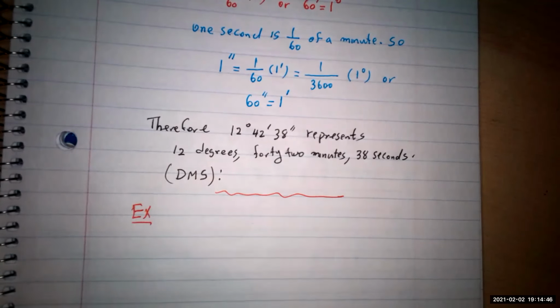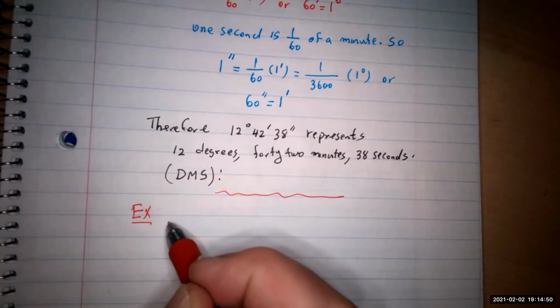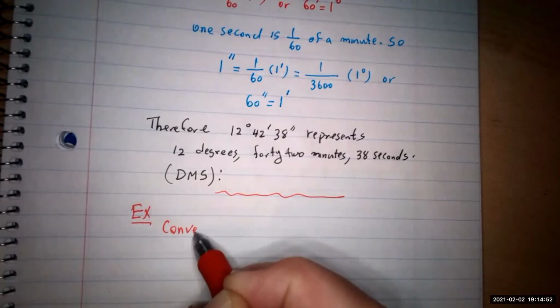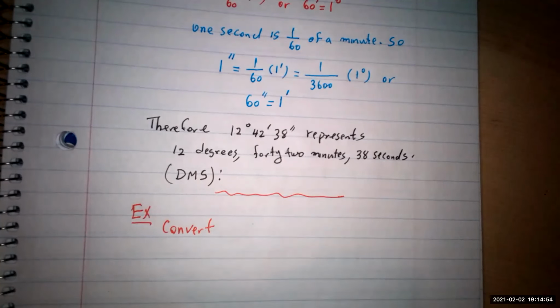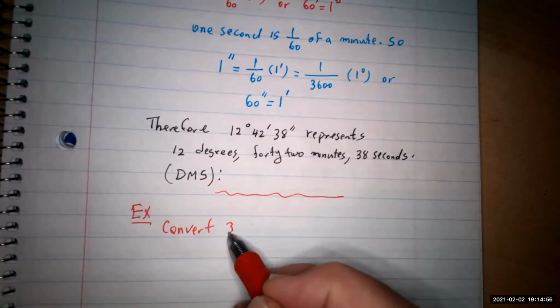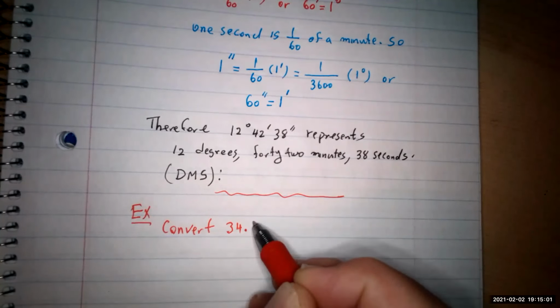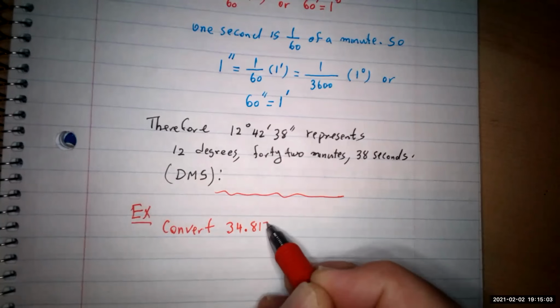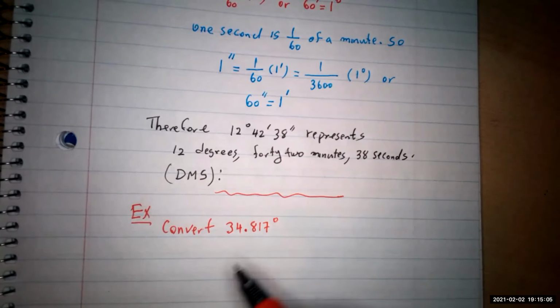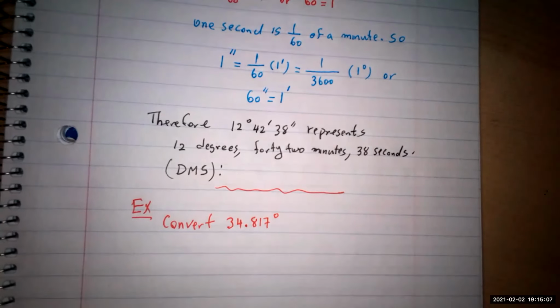One of your assignments is this. They give you one and ask you to convert it. We want to convert this number, a measurement in decimal format, 34.817 degrees. So the measure of the angle is 34 and 817 thousandths of degrees.